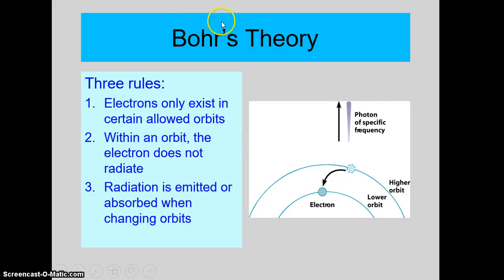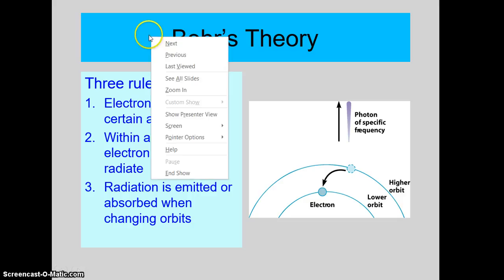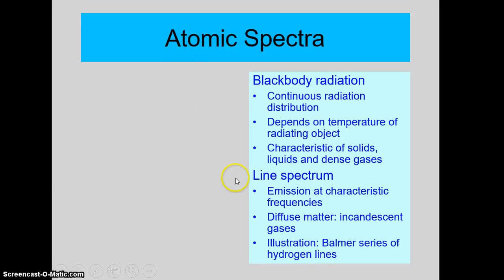So now we come to the year 1913. All right. So remember, we're leading to quantum mechanics. So Niels Bohr gave us a giant step forward in explaining the Balmer series, right?